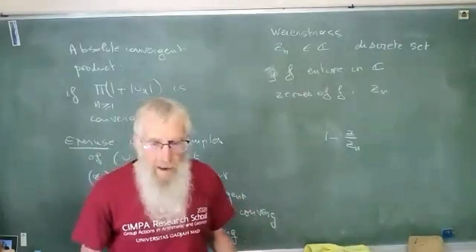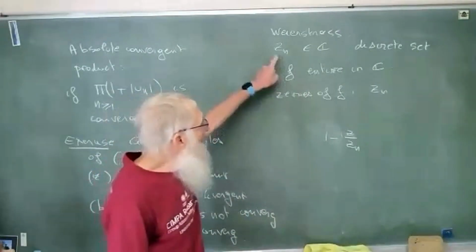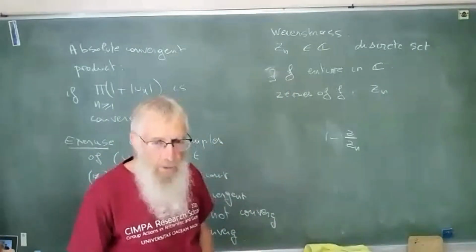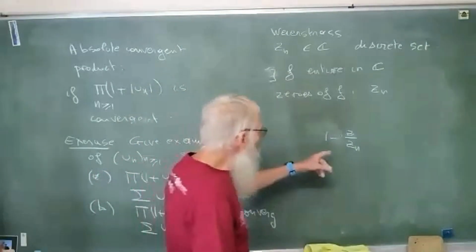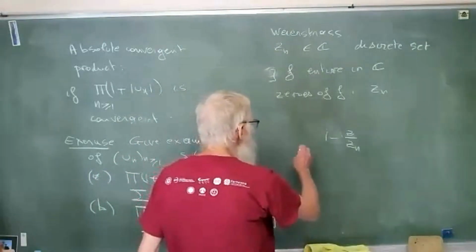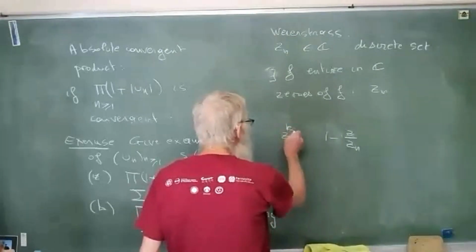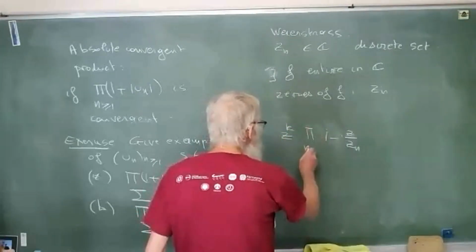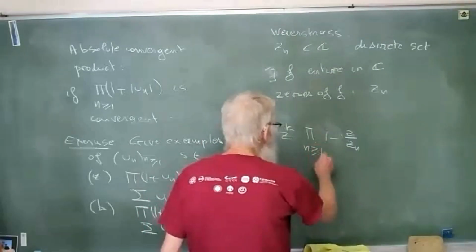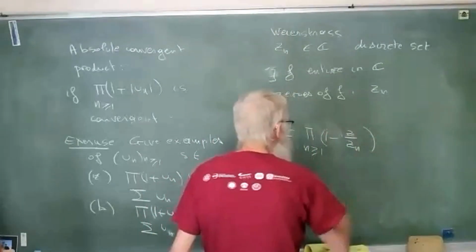Of course, we need Zn different from 0, but there are only finitely many n so that Zn is equal to 0. So we take a power of z, z to the k, times the product for n greater than or equal to 1 of 1 minus z over zn.